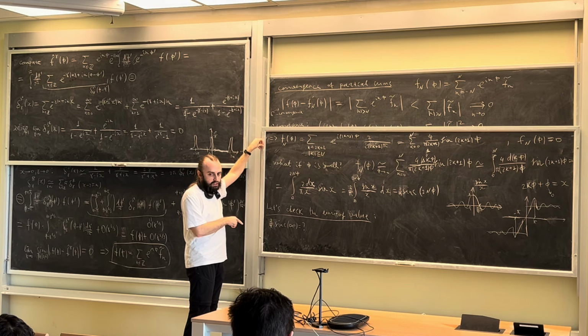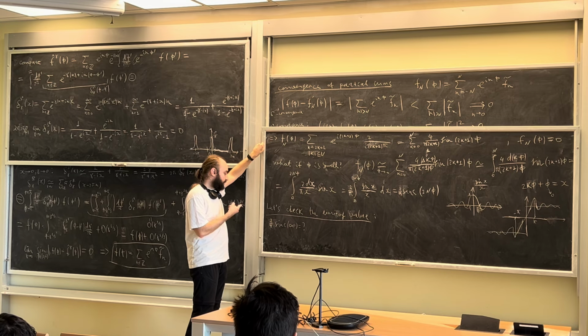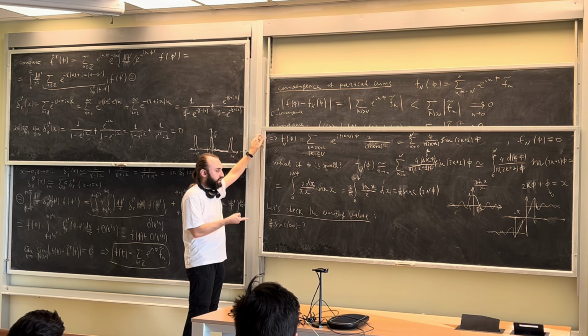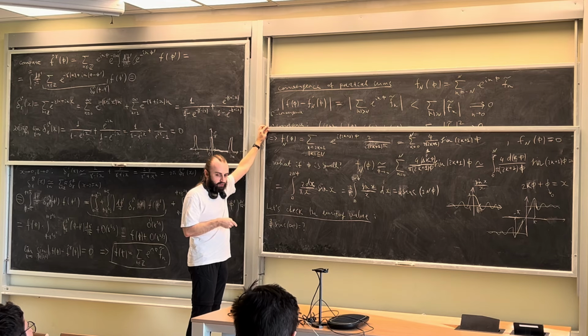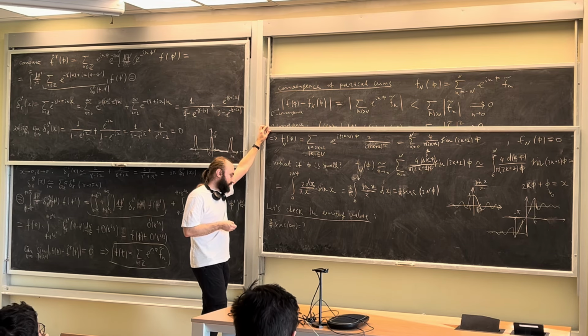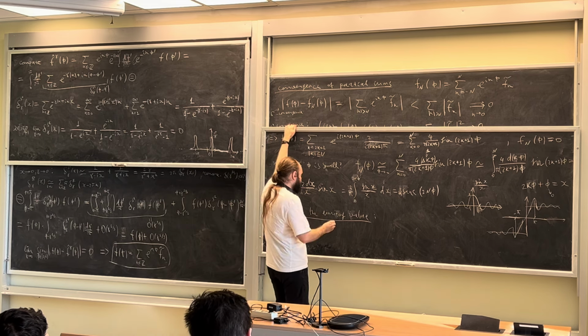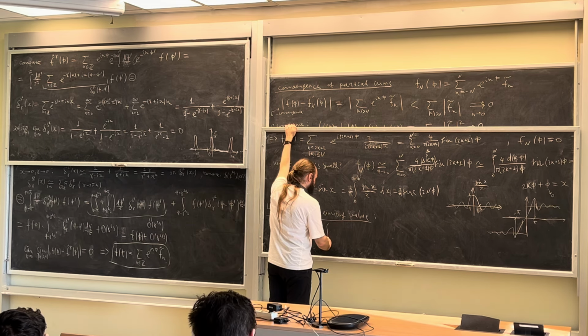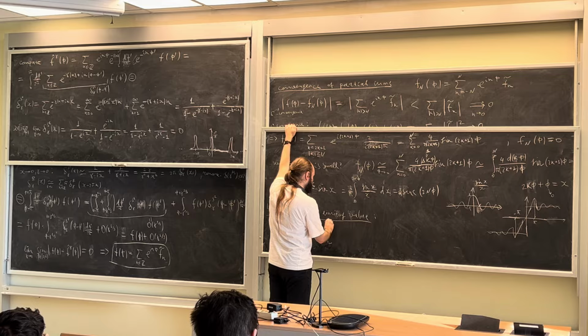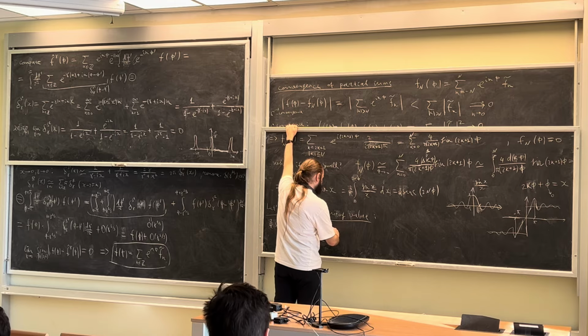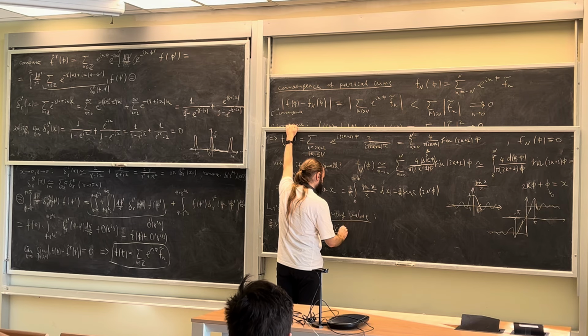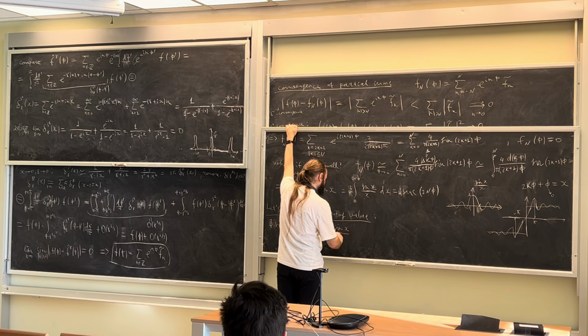I want to study this because it's another nice example of application of residues for computation of such integrals from 0 to infinity or from minus to plus infinity. So we want to compute the integral from minus infinity to plus infinity of the function sine of x over x.